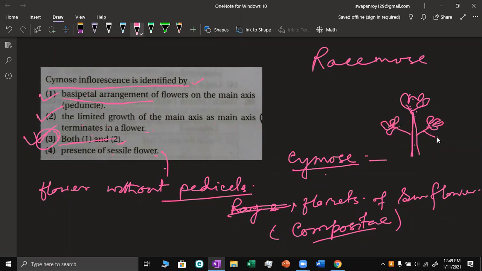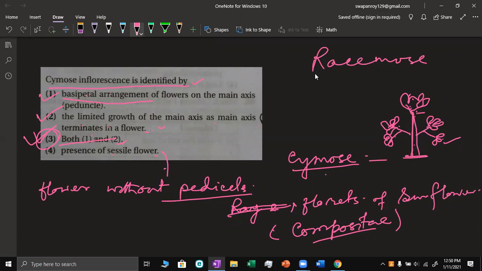Again, this may give rise to lateral branches, and they will also end with the appearance of a flower. So this is the characteristic feature, and the growth of the main floral axis, the peduncle, is limited.